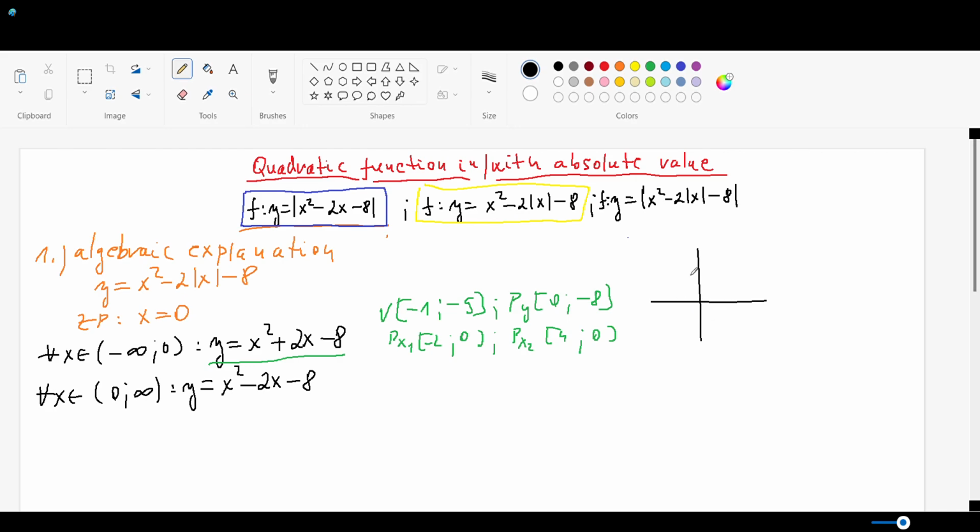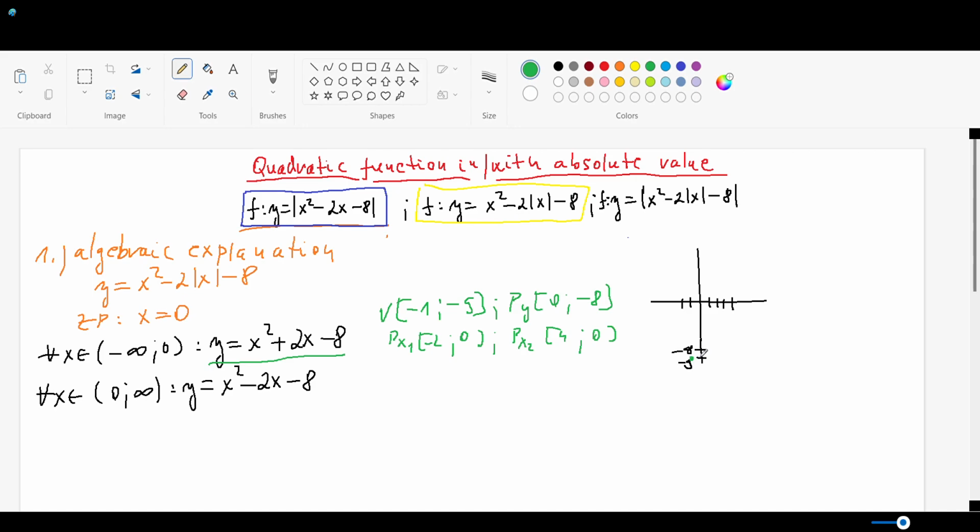Okay, so the graph of our green function looks like we already know: negative 1, negative 2, positive 1, 2, 3 and 4, and here is negative 8 and here is negative 9.